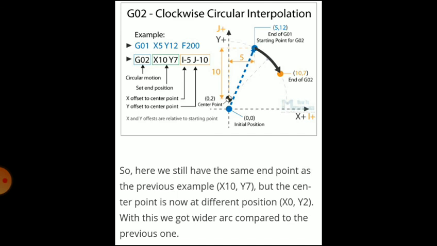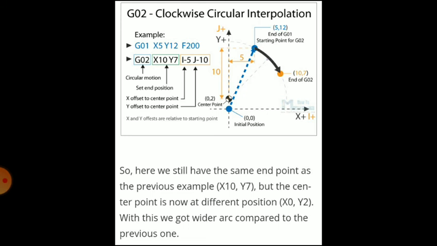So the block will be G02, that is a circular motion, then X10 Y7. These are the end point coordinates that you have to specify, because you have to reach that point, that is X10 and Y7, and also you have to mention the coordinates from the center point, that is I5 and J10.